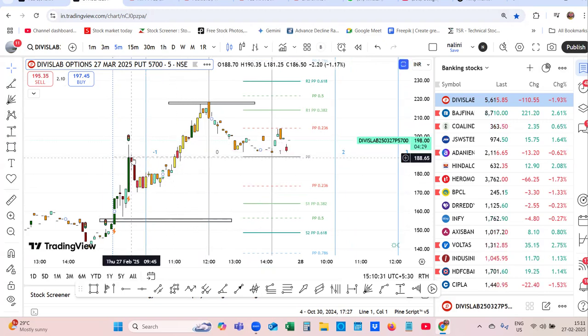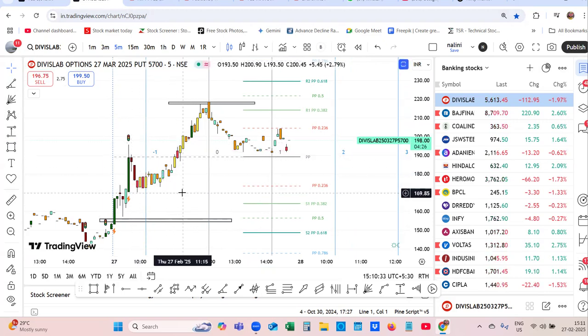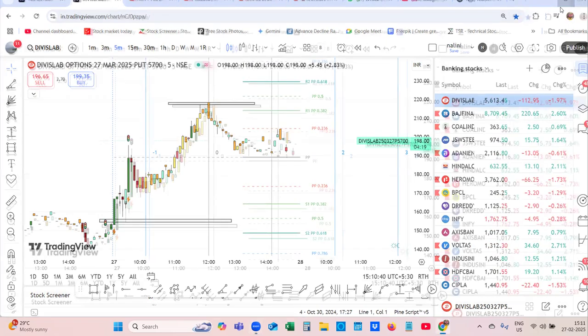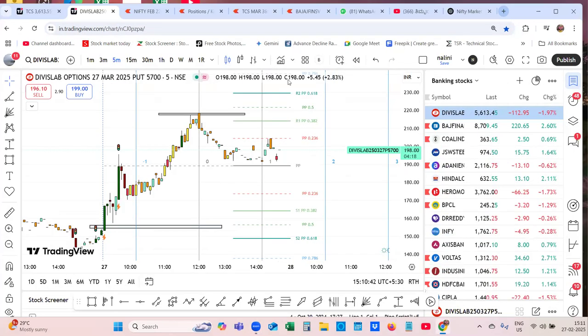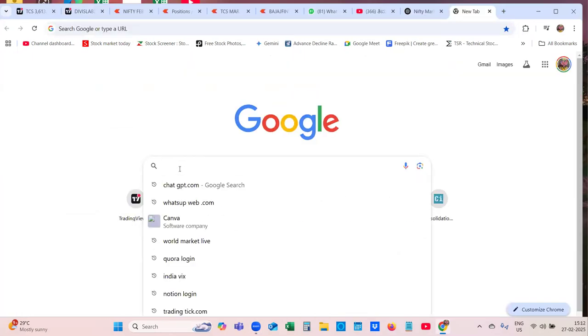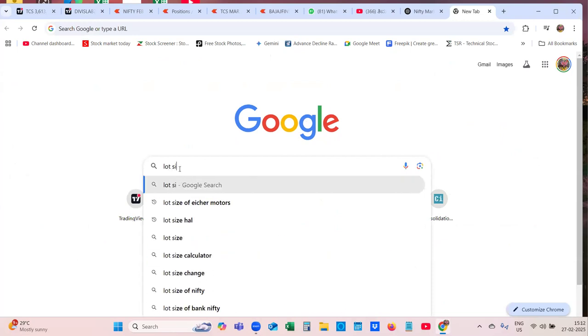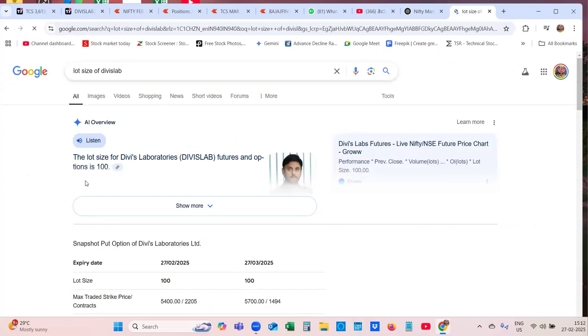Lot size, we need to see what is the lot size of DV Labs. Let me check. You are getting 100.